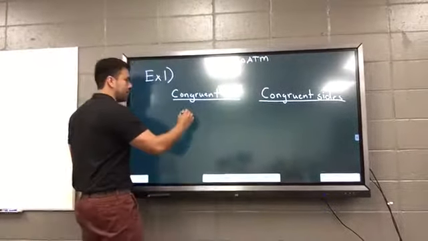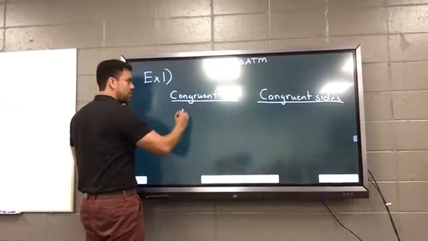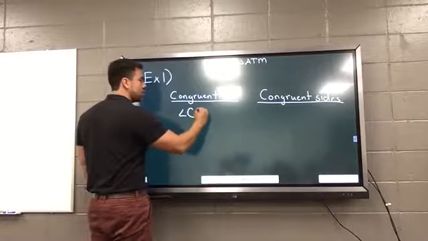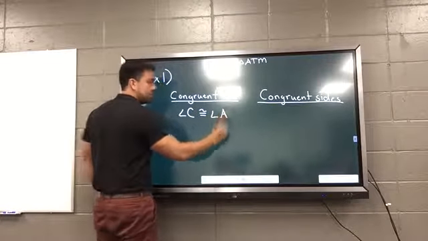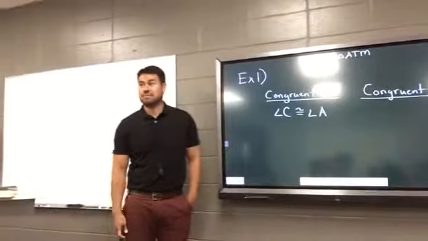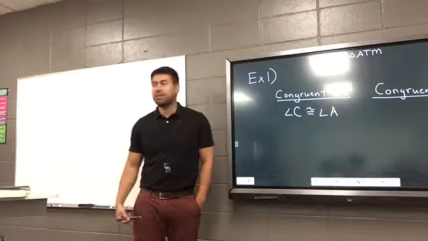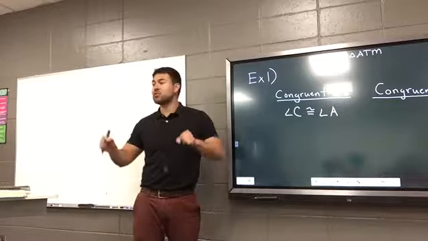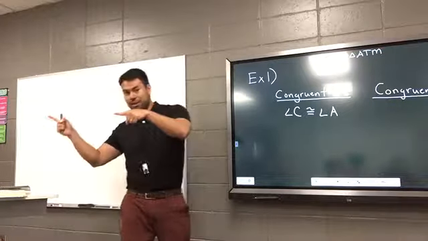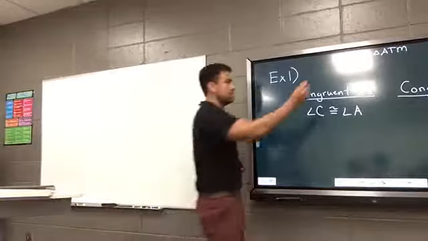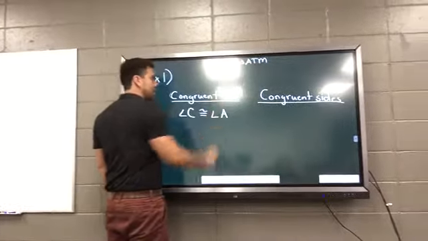Here's how you work it out. The congruent angles. Angle C is congruent with angle A. Anyone know how I got that without looking at the diagram? It's the first letter in each triangle, right? Look at C and A. They're corresponding. They're congruent.